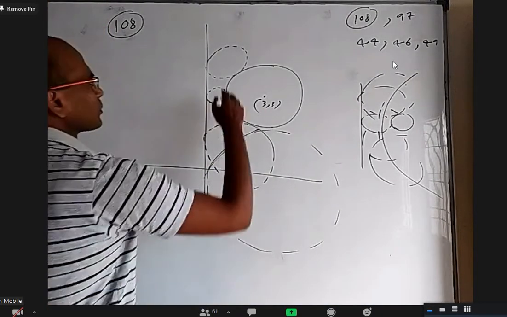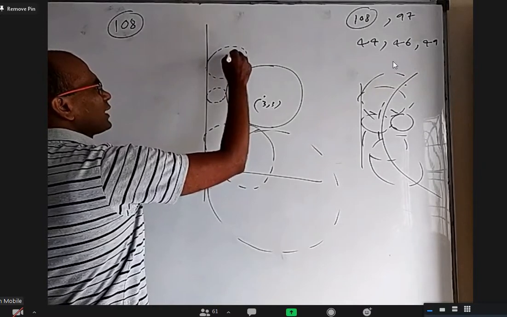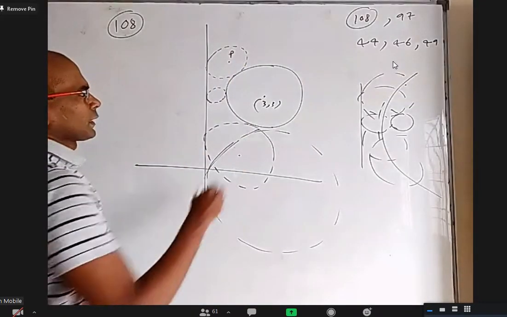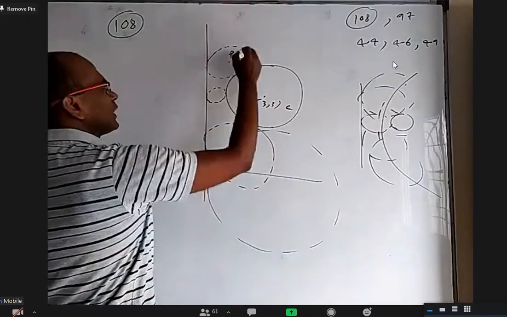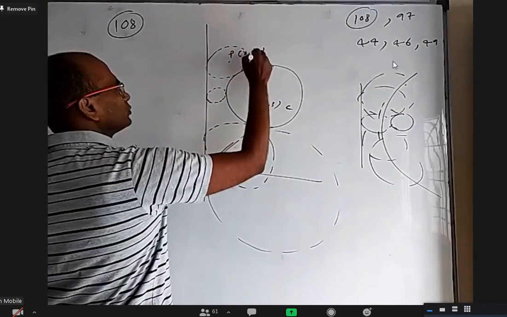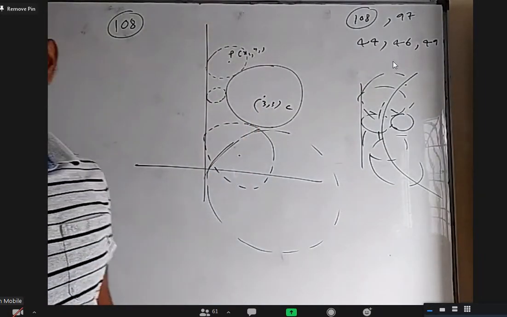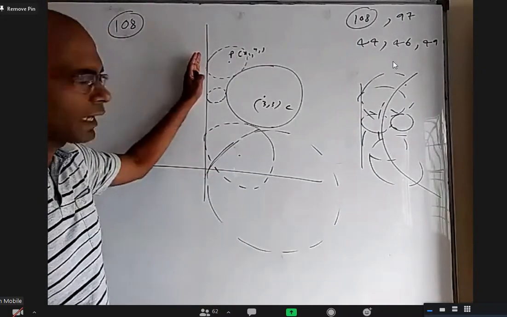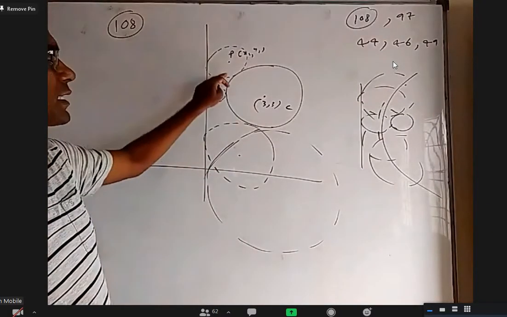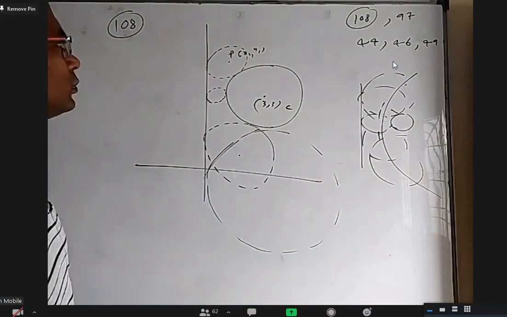Call this point P and this C. Take P as (x1, y1). What we have to do is very simple. It should touch the y-axis, so you get one condition. The distance CP should be R1 plus R2.